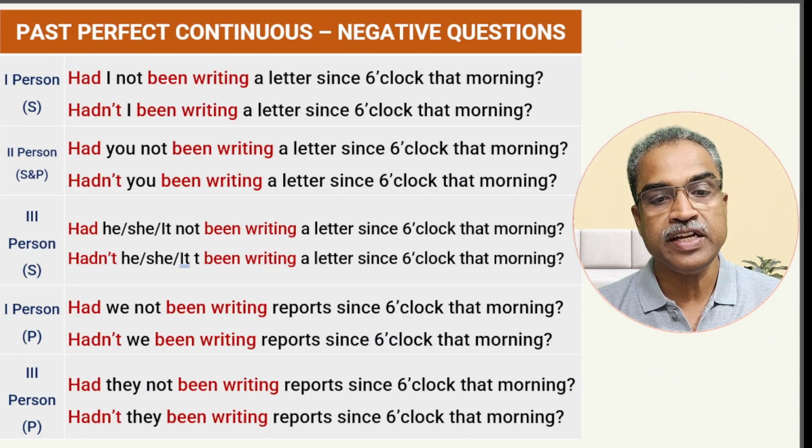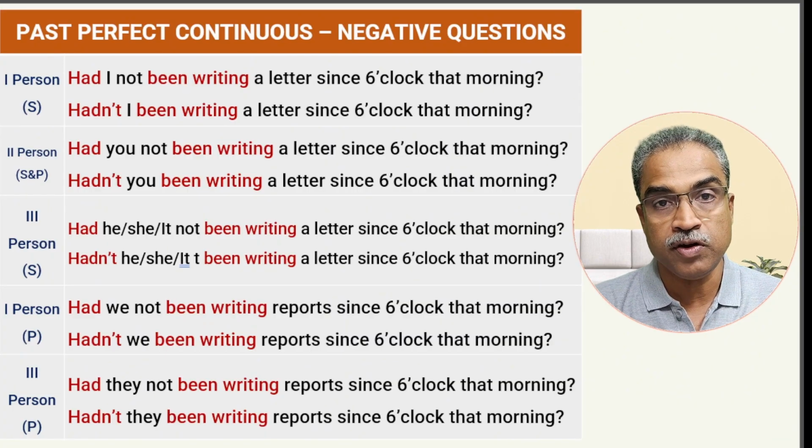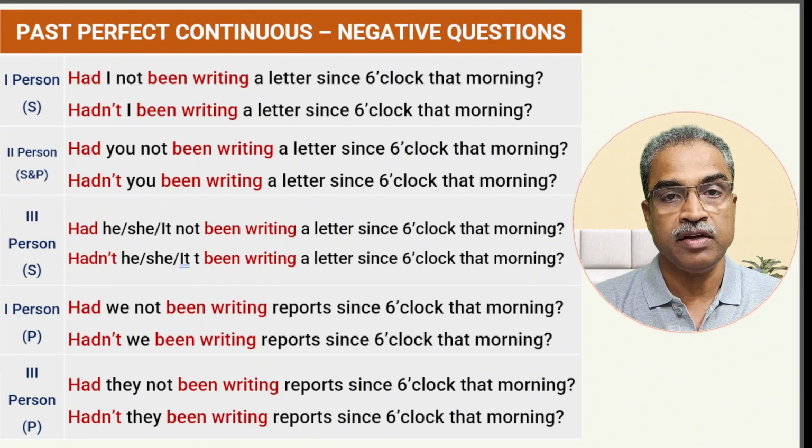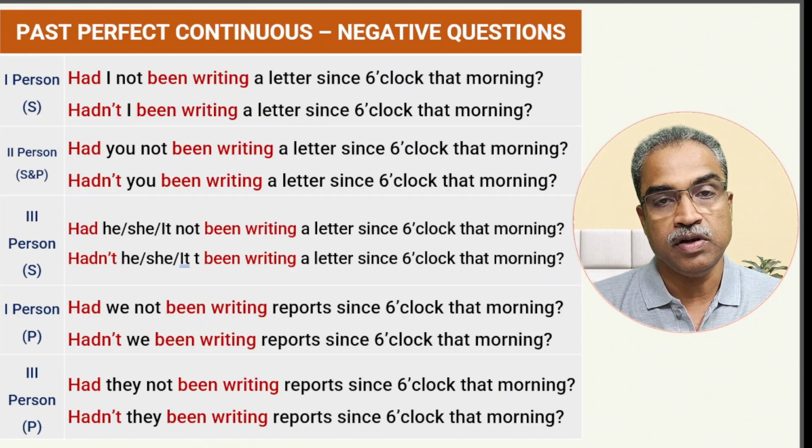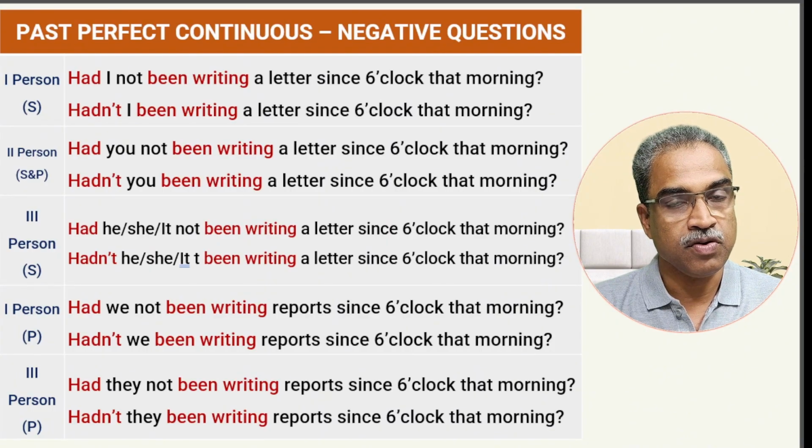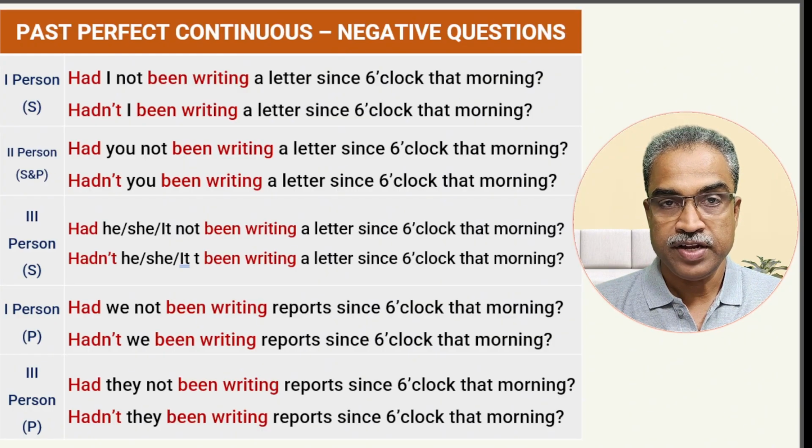Had I not been writing a letter since 6 o'clock that morning? Or else, had plus not, we can contract that and put it as hadn't. So it will be, hadn't I been writing? Don't say hadn't I not been writing, which is wrong, because not is already there with had in that hadn't word, right? So, had I not been writing? Hadn't I been writing?